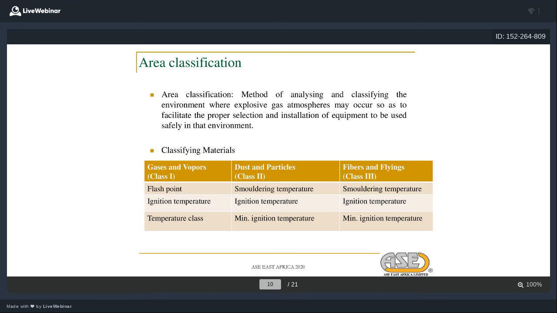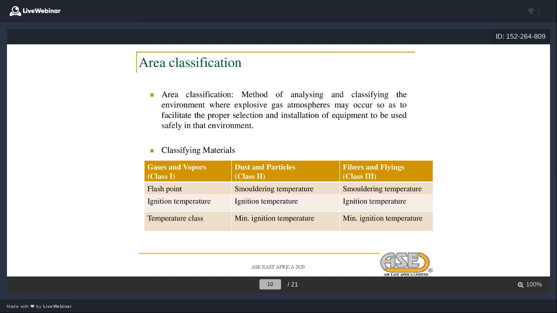Ignition temperature. This is the minimum temperature at which a flammable material or explosive atmosphere would ignite. Temperature class. This is the surface temperature of the equipment. The surface temperature of the equipment must be lower than the ignition temperature, so the equipment could work properly in that area.